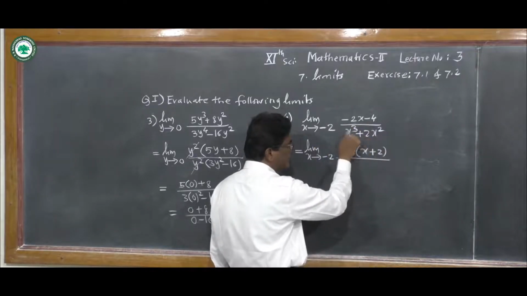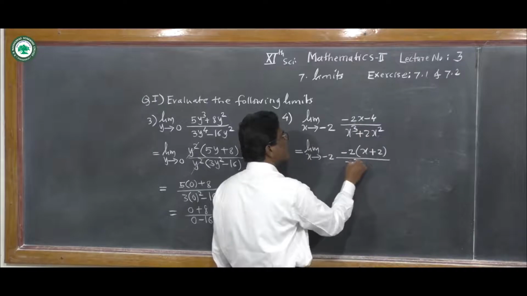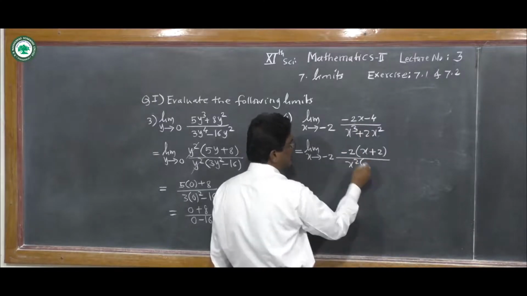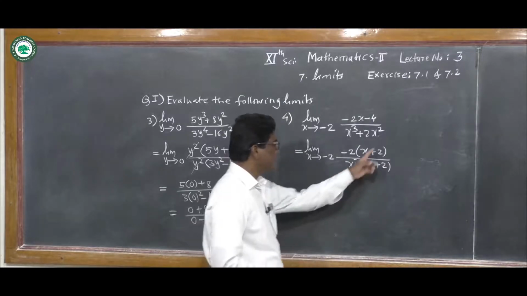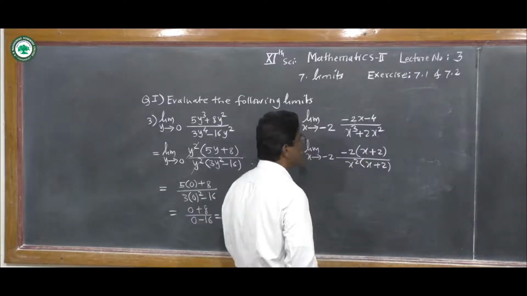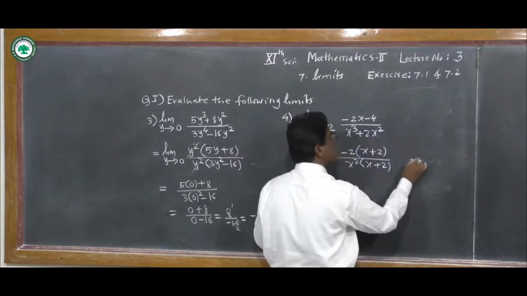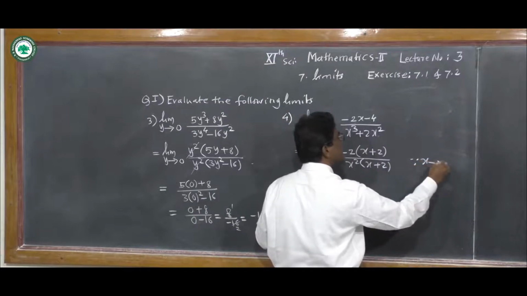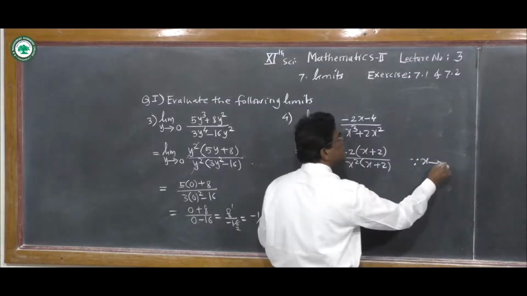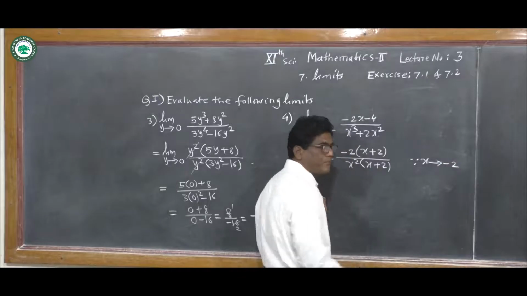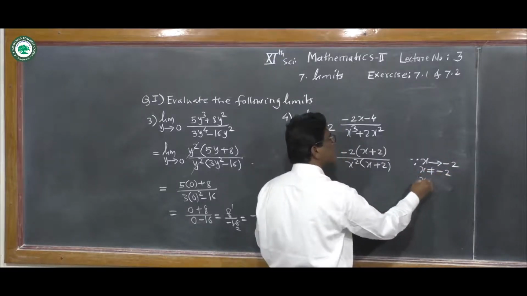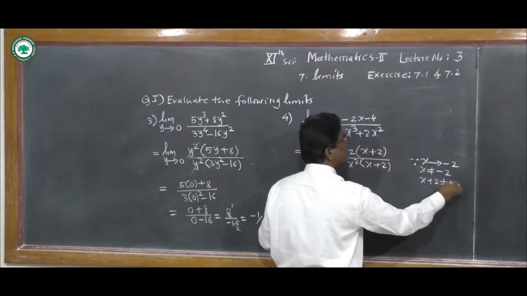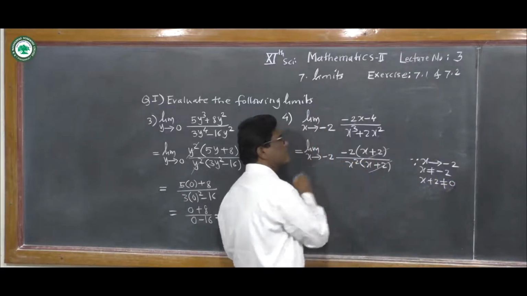In the denominator, take x square common: x square in the bracket, x plus 2. So the same factor x plus 2 cancels. Before we cancel it, we write that since x tends to minus 2, x is not equal to minus 2, so x plus 2 is not equal to 0, and then we cancel x plus 2.